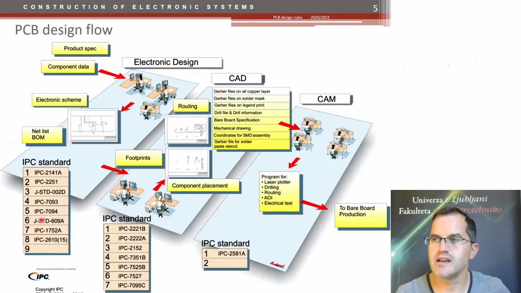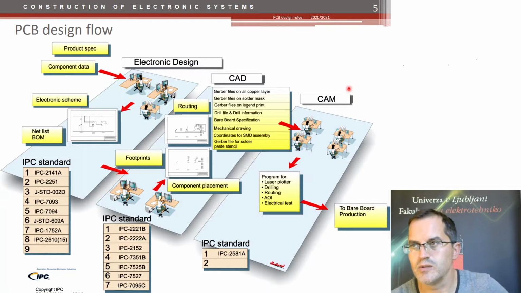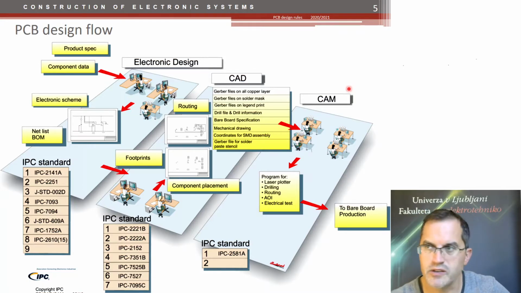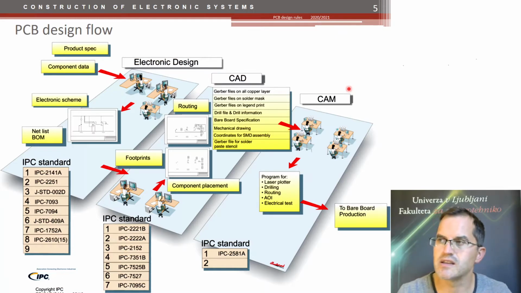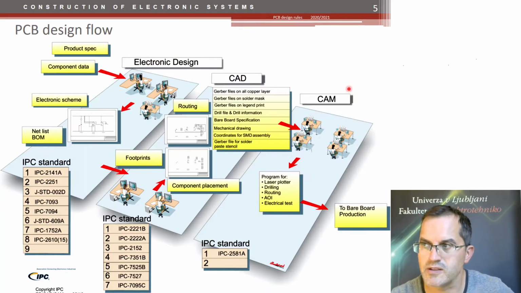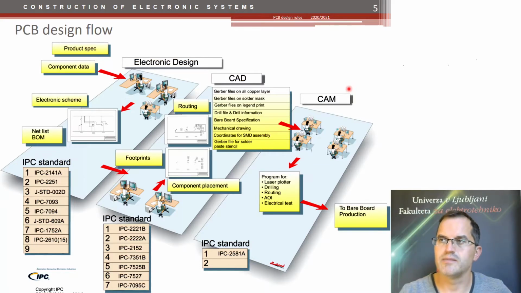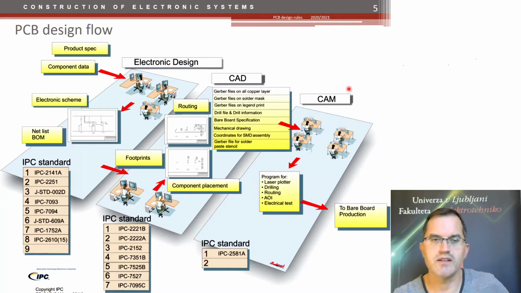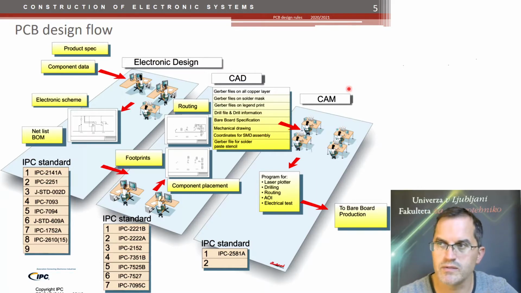The PCB design flow starts with the schematics and then continues to making the bill of materials, then footprints, routing of the PCB, placing the components, of course, and then preparing everything for manufacturing. And in this process, several people are usually involved.